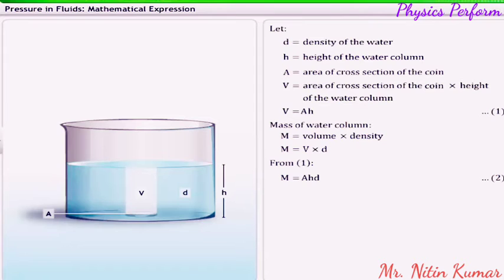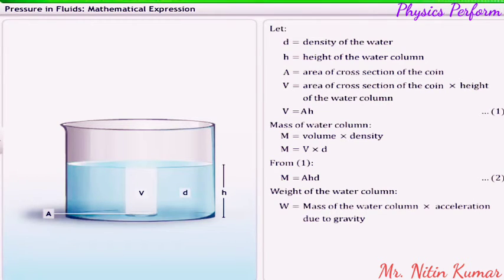As you know, weight of a substance is a product of its mass and the acceleration due to gravity, g. Therefore, weight of the water column, W, is equal to the mass of the water column multiplied by g. Thus, W is equal to M multiplied by g.